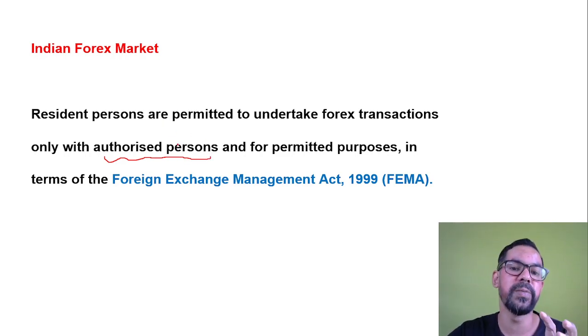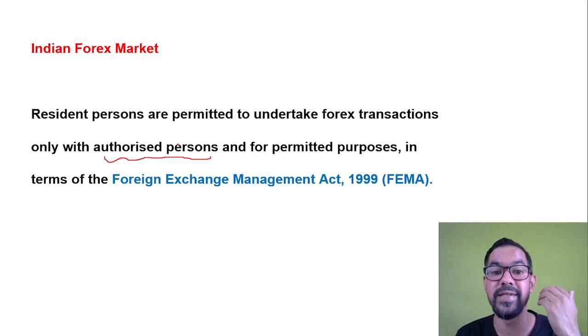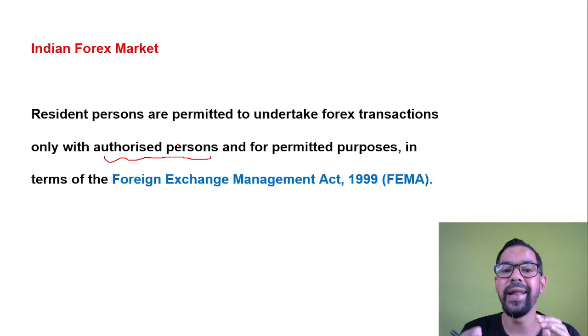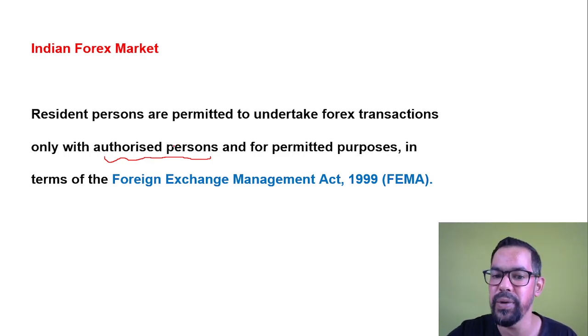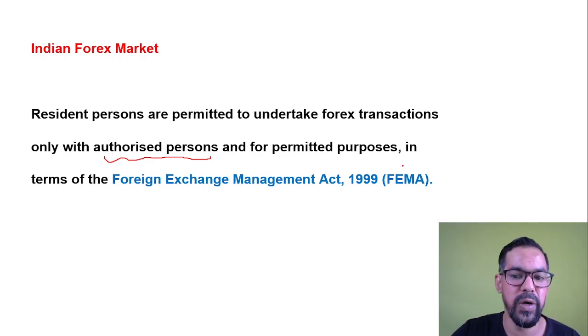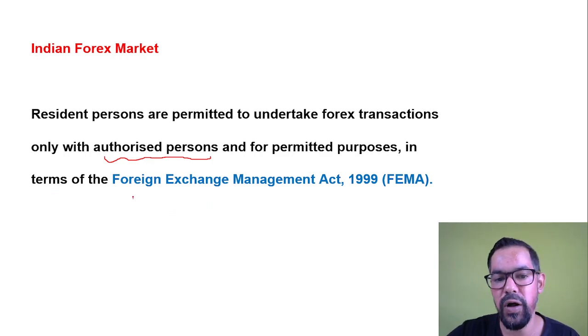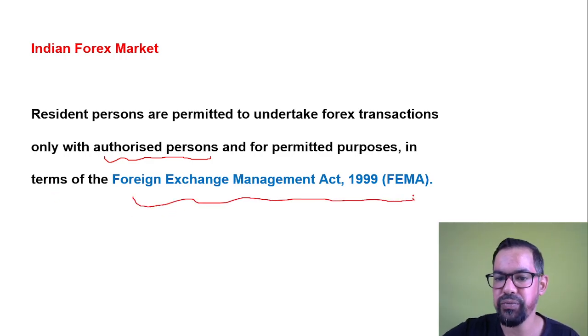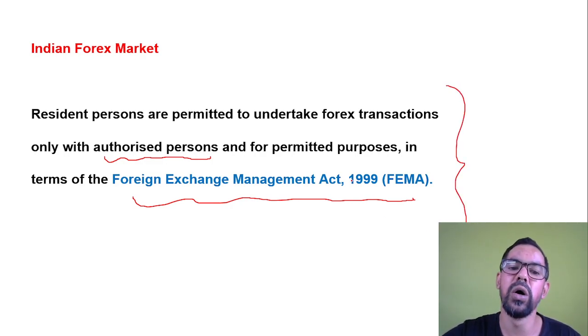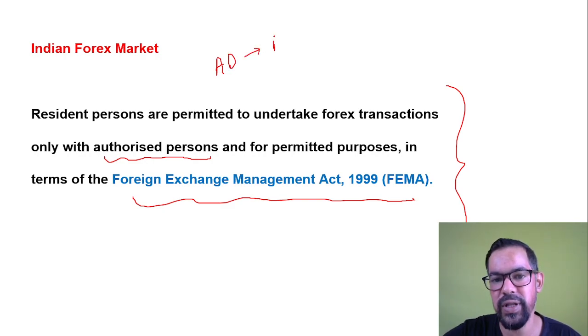Authorized persons are entities who are generally registered with the RBI, and they deal in the business of foreign exchange for permitted purposes in terms of the Foreign Exchange Management Act. They are also known as authorized dealers.